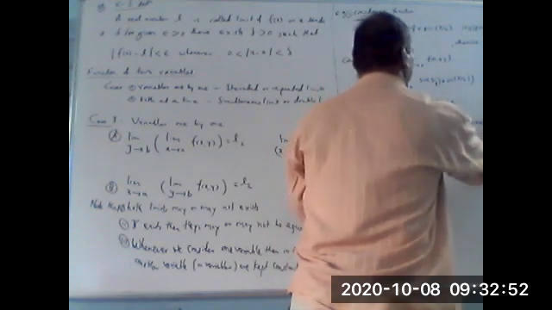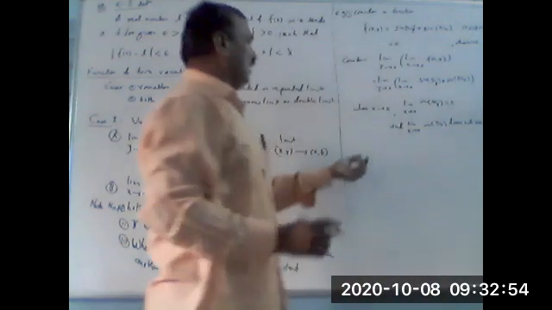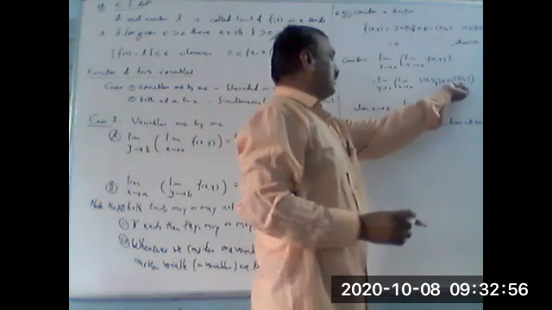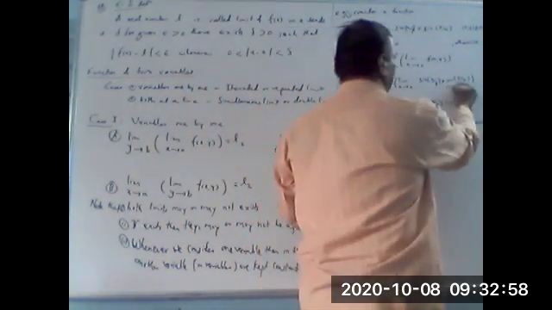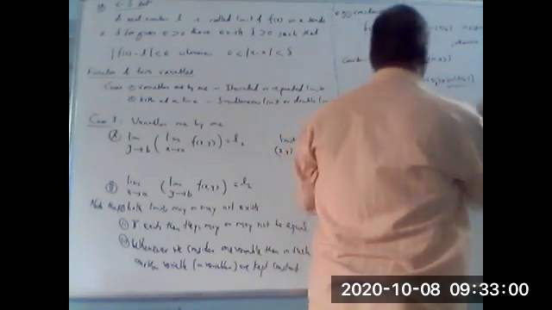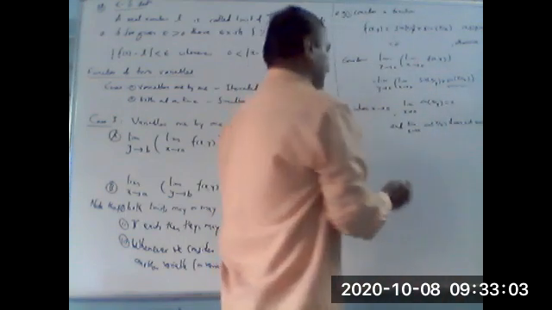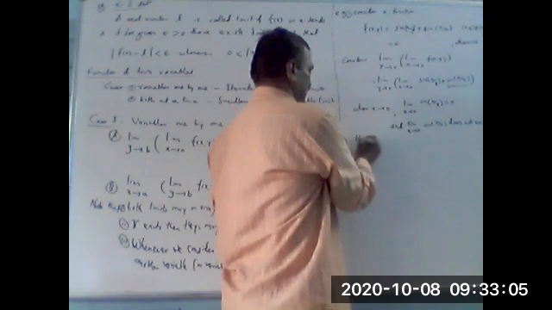If this limit does not exist, this part does not exist, then the whole limit does not exist.